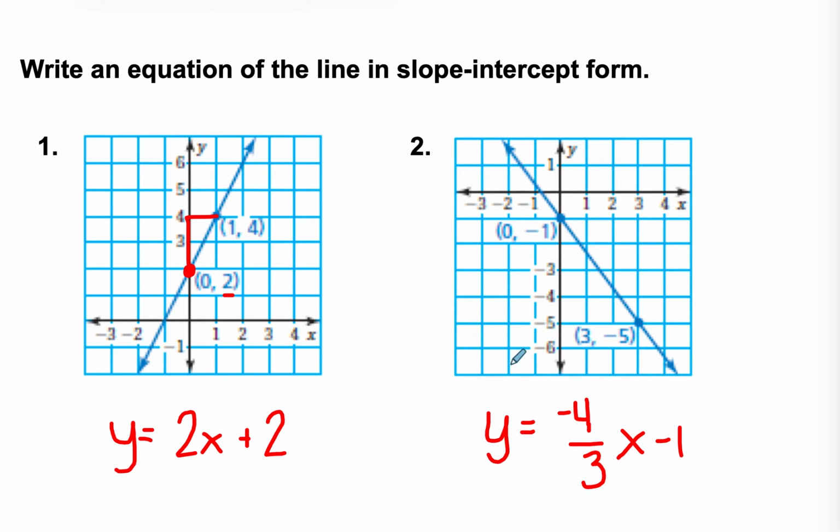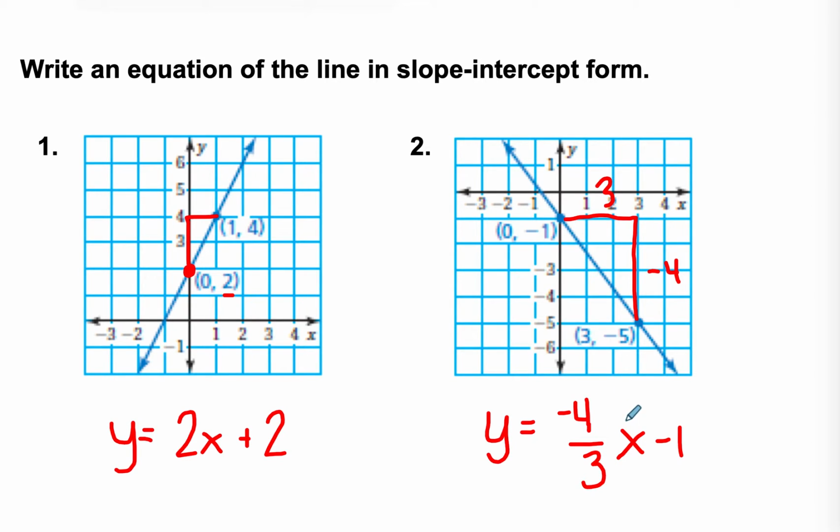All right, on the second one, again, we start with the slope, so I look to see what the rise and run is. This line is pointing down from left to right, which is why I have a negative slope. It's going down 4, 1, 2, 3, 4, and going over 1, 2, 3. Rise over run, -4 over 3, that's our slope.